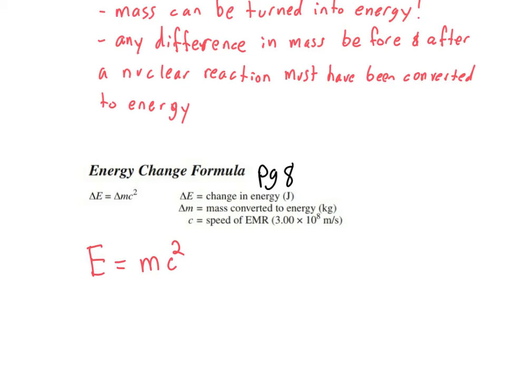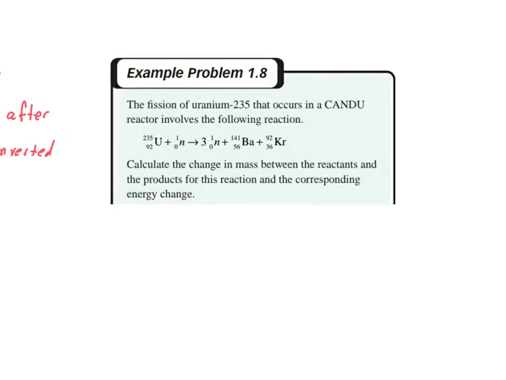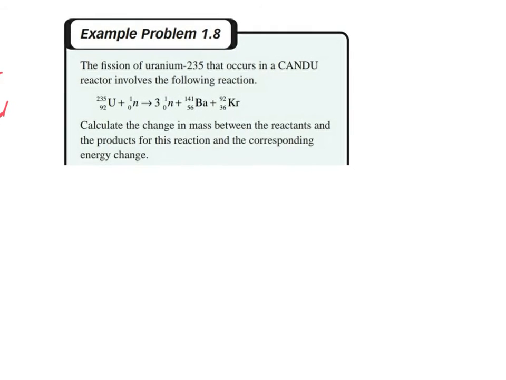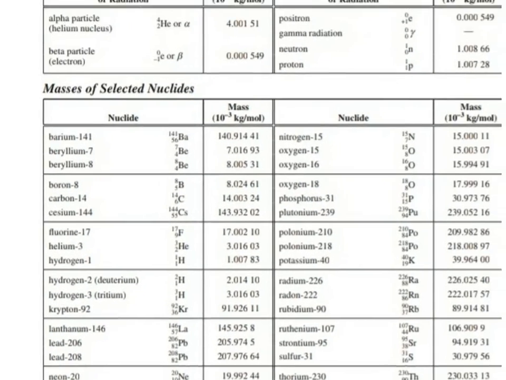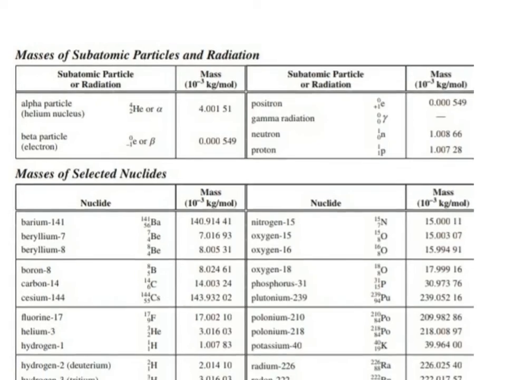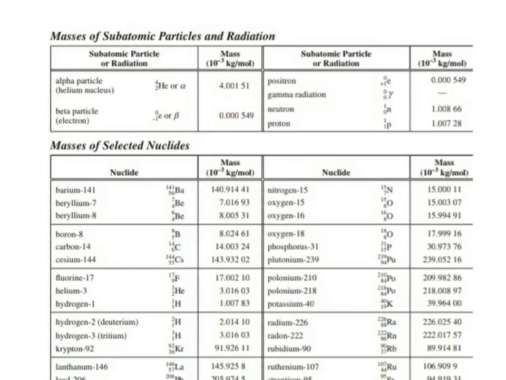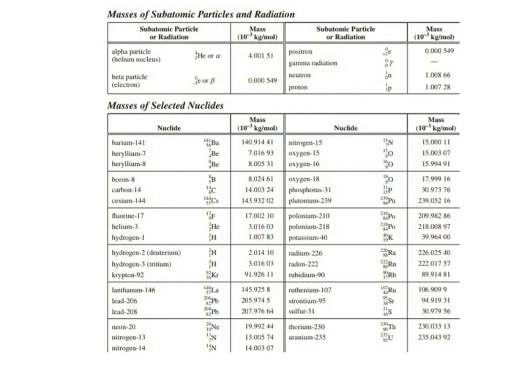And so again, we're just going to jump right into an example. I'm going to use this table right here, which is in your data booklet, and you need to be using this table as well when you're doing these questions. Before, we used this when we were looking at the alpha particles, the beta particles, and the gamma radiation.